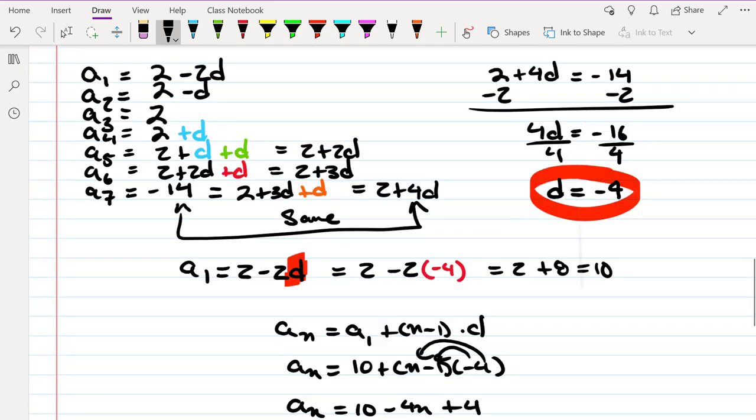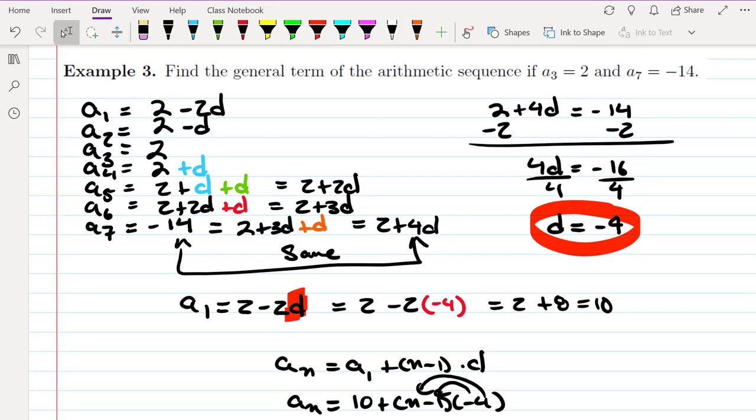So let's go back and look at what we did and see if we can find a more economical way to resolve this. So we'll notice we were given the third term and the seventh term. So we could write out how many d's it took. We added d, we added d, we added d, we added d again, a total of 4 times. And in this example, it wasn't too bad because we only had to go from the third term to the seventh term.